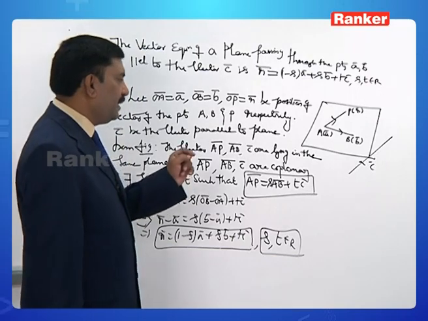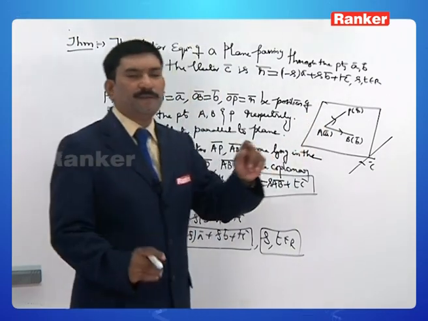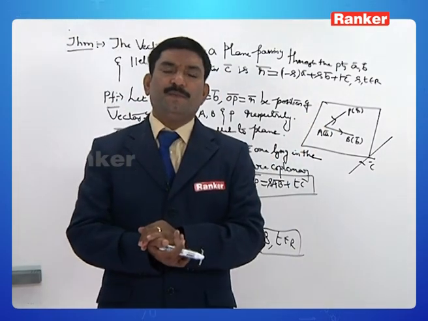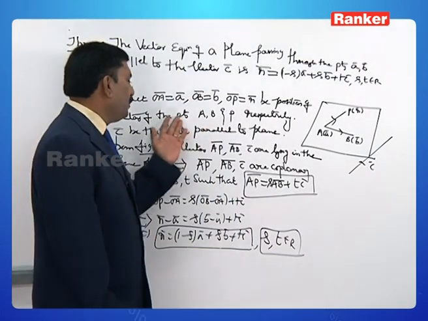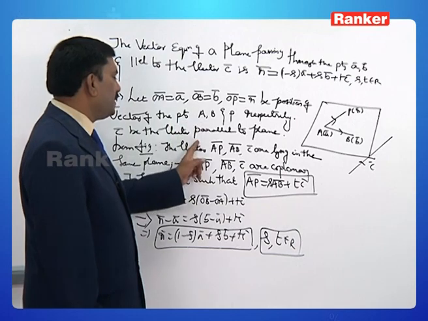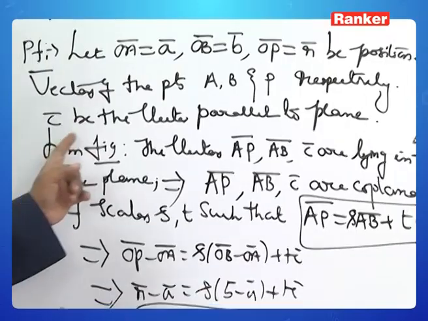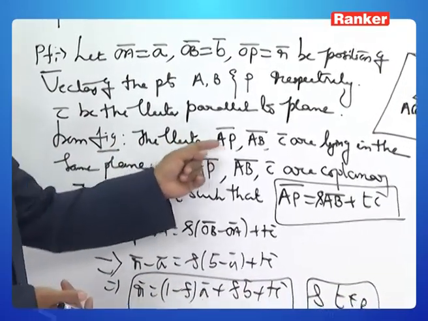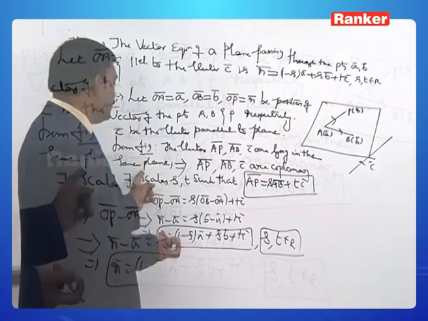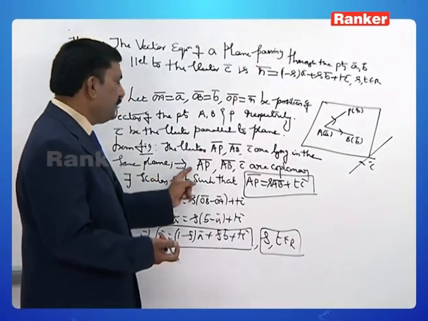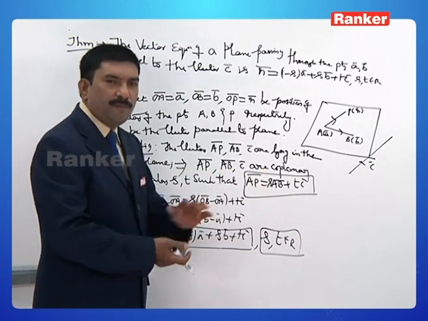So once again, let OA bar be A bar, OB bar be B bar, OP bar be R bar, the position vectors of 3 points, P being any point in the plane. C bar is a vector parallel to the plane. From the figure, the vectors AP bar, AB bar, C bar are lying in the same plane, which implies AP bar, AB bar, C bar are coplanar.